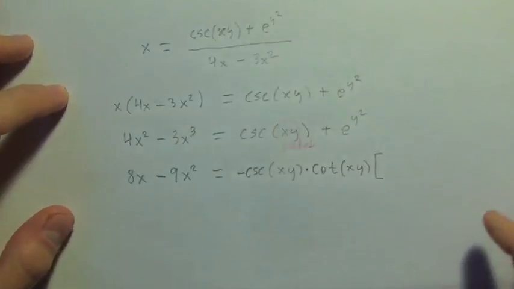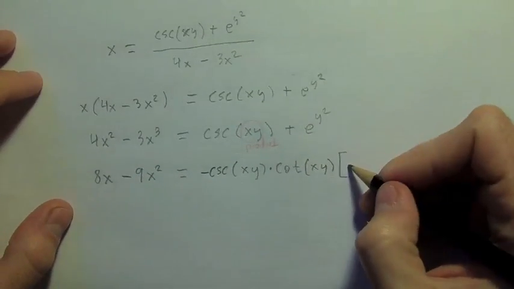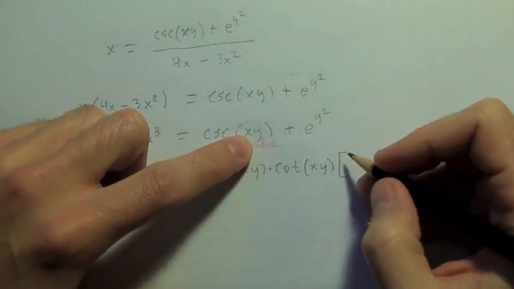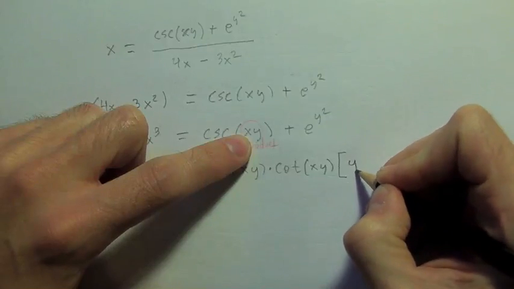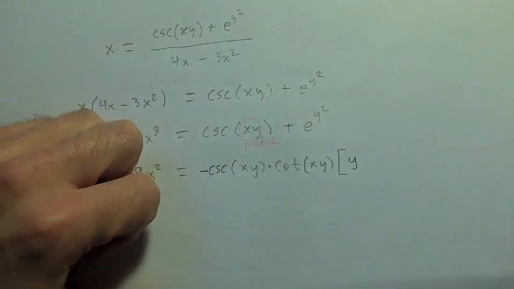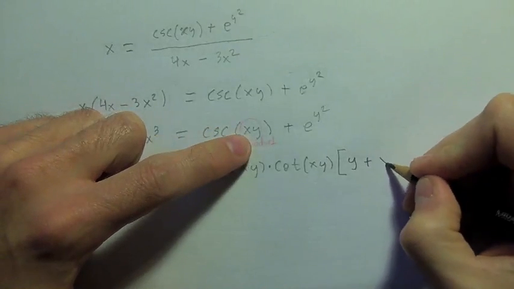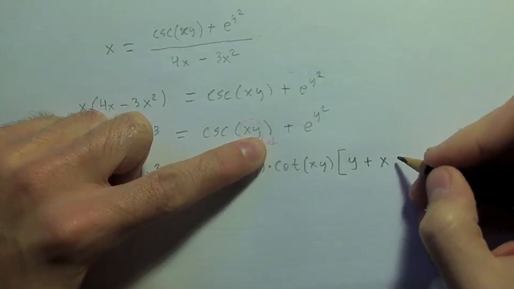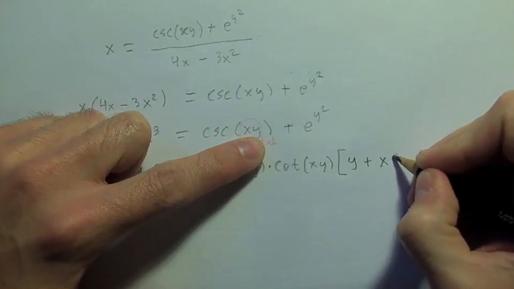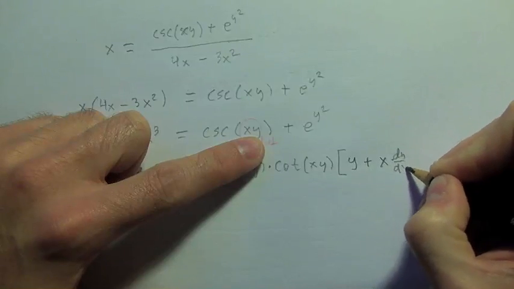Okay, and with implicit differentiation, that's going to be the derivative of x, which is just 1, times y, so the first piece will just be y, plus x left alone times the derivative of y, which will be 1 times dy over dx.